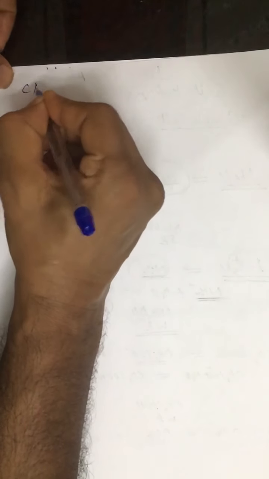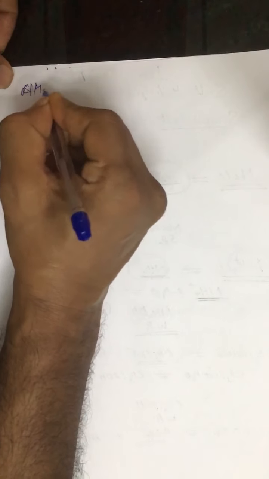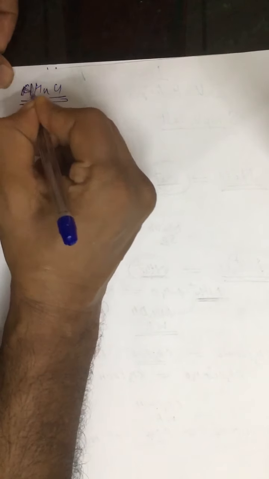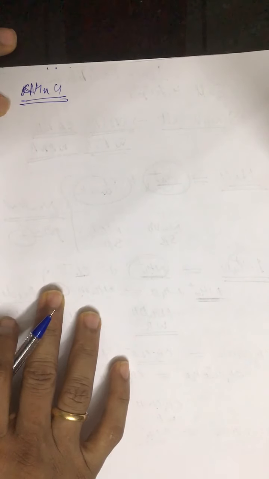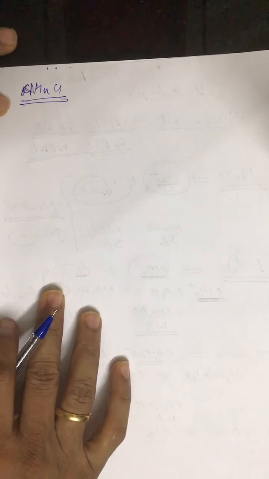Now the formulas, for first, let us say NH4Cl kind of cases. The first type of question will be: what is the nature of the aqueous solution of salts?